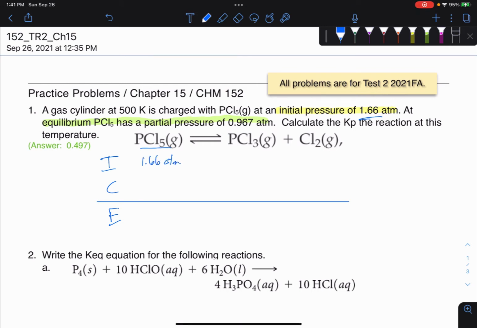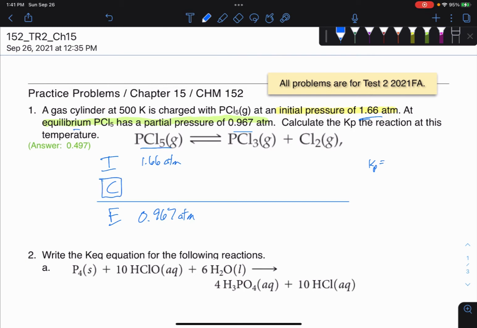And then the equilibrium partial pressure, now that's going to go in the table down here. And when you have a setup like this, where you're given initial and final states, well, you can actually fill out the entire ICE table and plug and chug into the KP expression, which we'll do in just a second. So, what's the change line here?